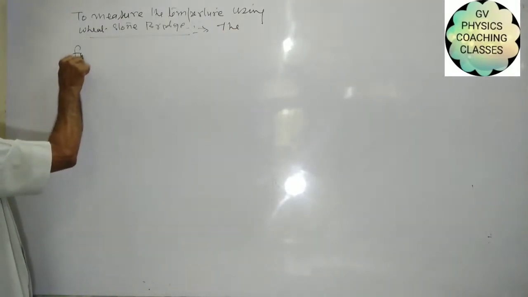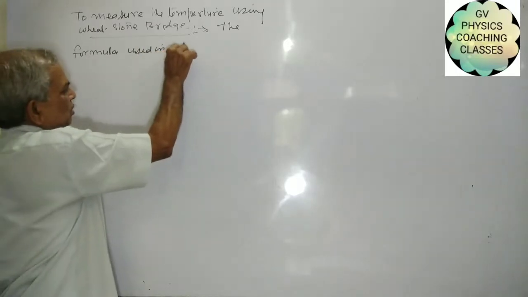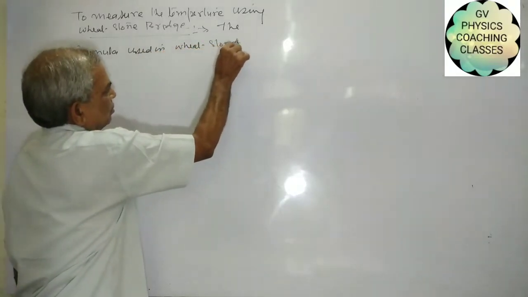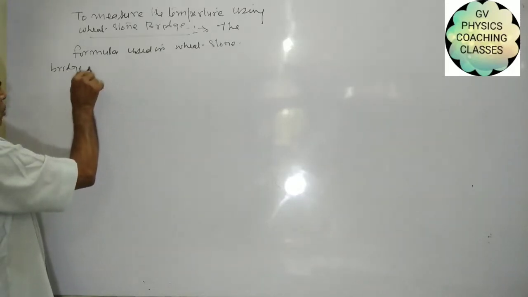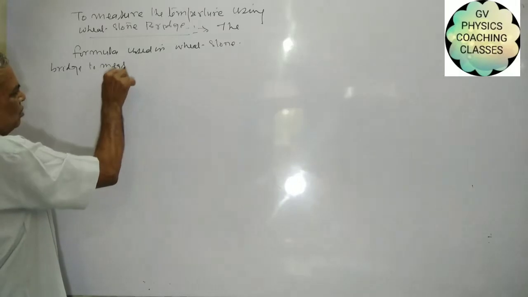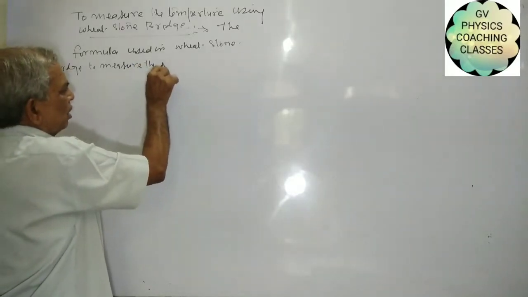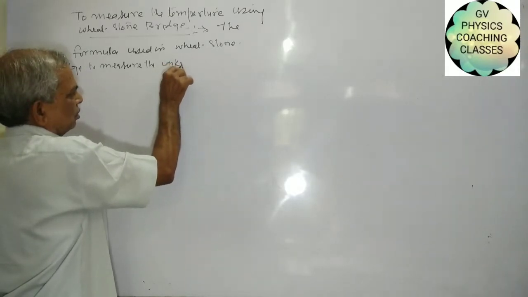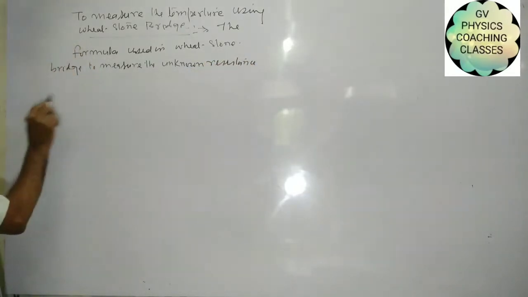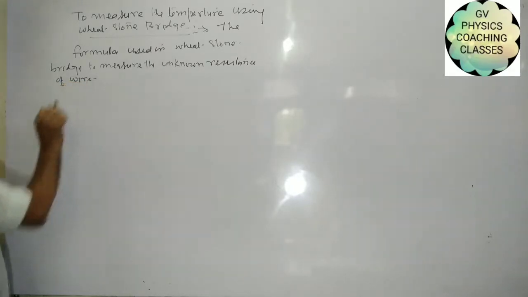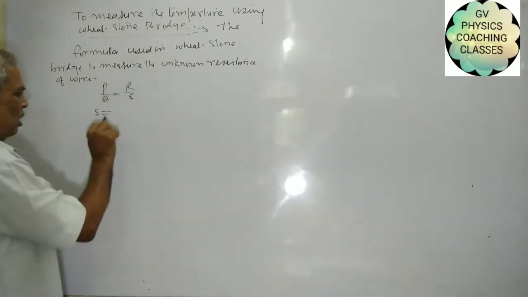The formula used in Wheatstone bridge to measure the unknown resistance of a wire is P upon Q is equal to R upon S, where S is the unknown resistance wire.